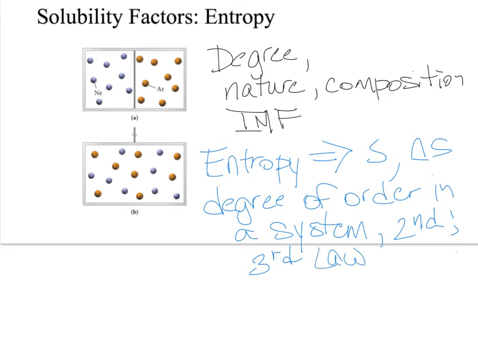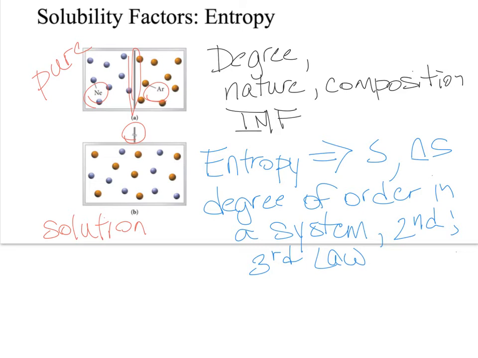All right, looking at this example here, we have two pure substances, neon and argon, and there is a barrier between them. Okay, so we've got two pure substances. That barrier is removed, and the two pure substances now make a solution. Why do they do that?